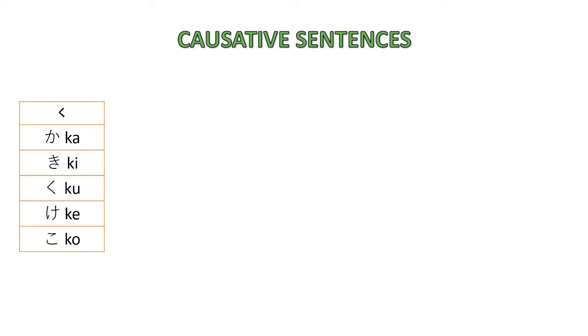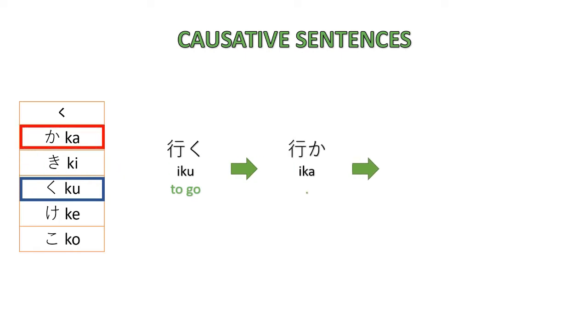Okay, for verbs ending in ku, for example, iku. So, we change ku into ka. Here in the hiragana ladder, we go 2 steps up in the hiragana ladder. So, ku becomes ka and then add seru. Ikaseru, to make or let someone go.